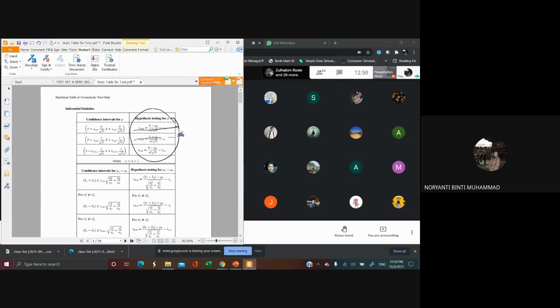This one tak boleh guna sebab N kita kecil daripada 30. So, kita akan guna t-test. So, you nampak tak formula dia? X bar minus mu naught divide by S over square root N. So, X bar dengan S, you calculate guna calculator daripada data tadi. Mu naught, you ambil daripada step 1. N sama dengan 8.